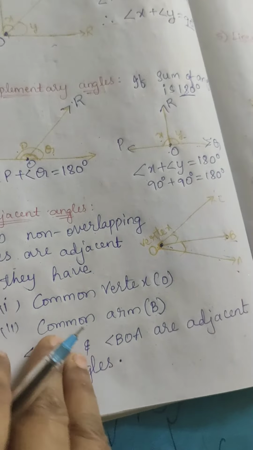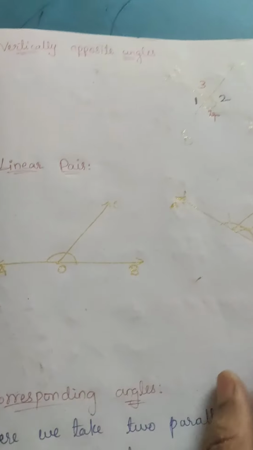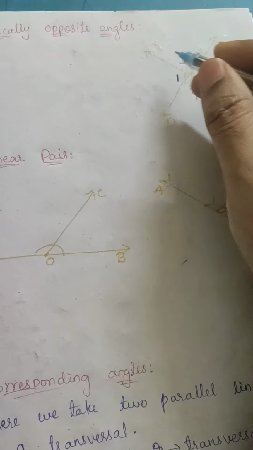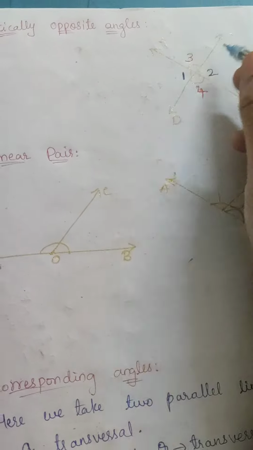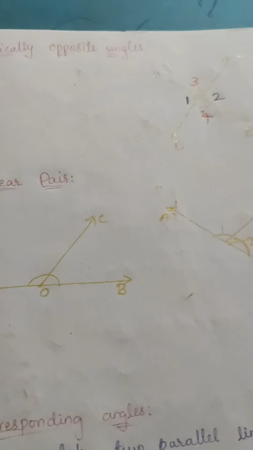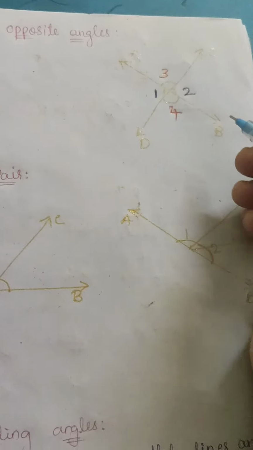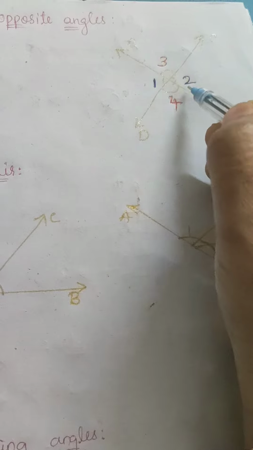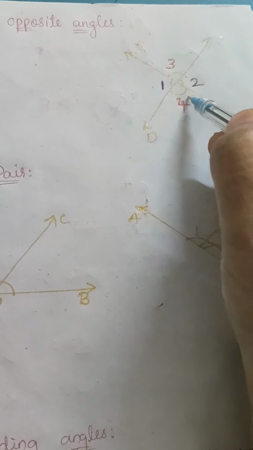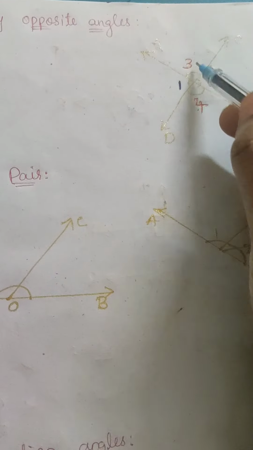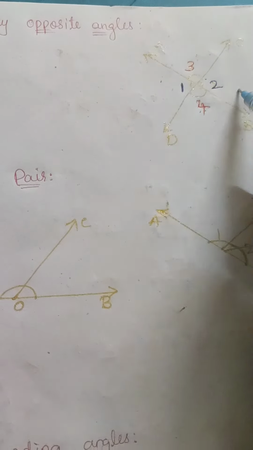Now next we will see the vertically opposite angles. What are vertically opposite angles? If I take two lines which intersect one another, then we form angles like angle 1, angle 2, angle 3 and angle 4. Now if we observe here, these two angles are equal and these two angles are equal.